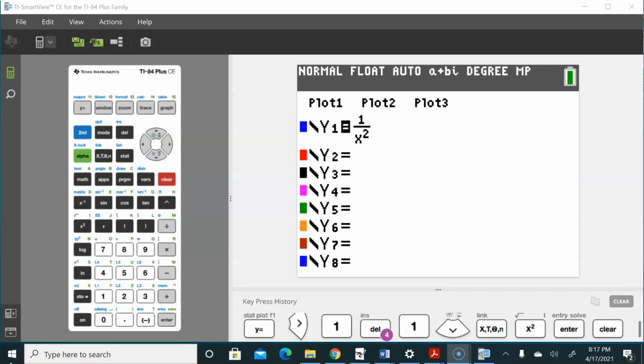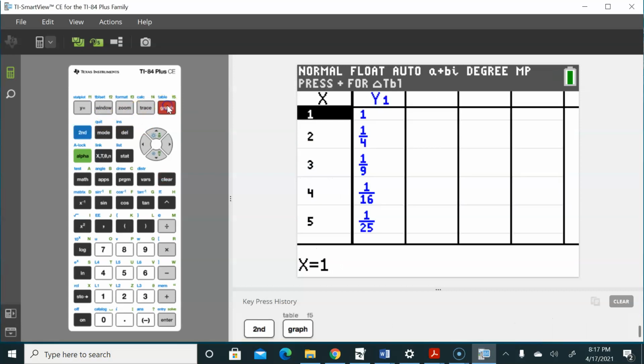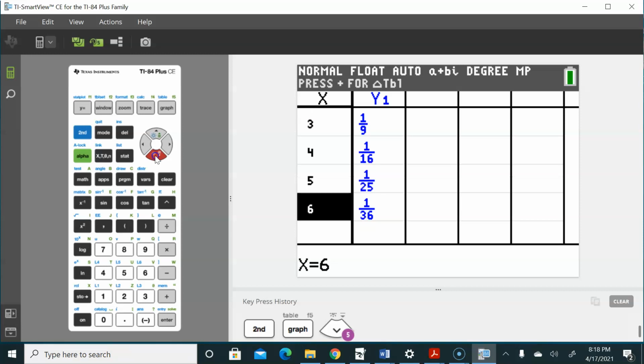So here I am in the calculator, and you can see I went to my y equals, and I used that fraction bar. It's a great key to use. I've typed in 1 over x squared. And I've already set up my table from the last class, so I'm just going to go second table, and there are the first 4 terms. If I want to see the 10th term, I could just use my arrows and scroll down to 10, or I could plug in 10 if I wanted to.